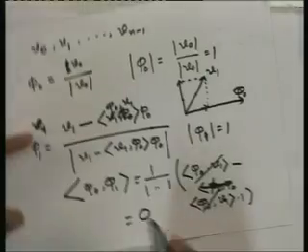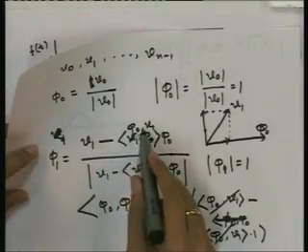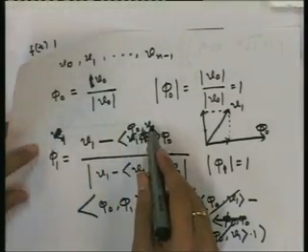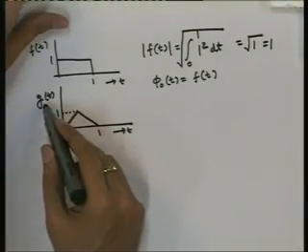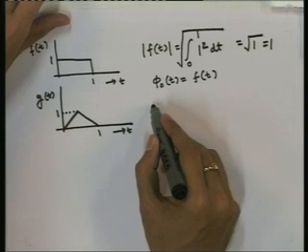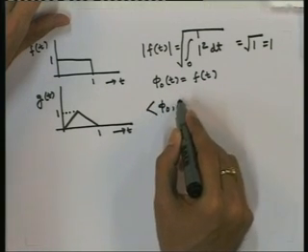Then we have to take the second vector. First, we have to compute the inner product of phi naught with the second vector v 1. The second vector is g t, the second signal. So, we have to compute the inner product of phi naught and g t.